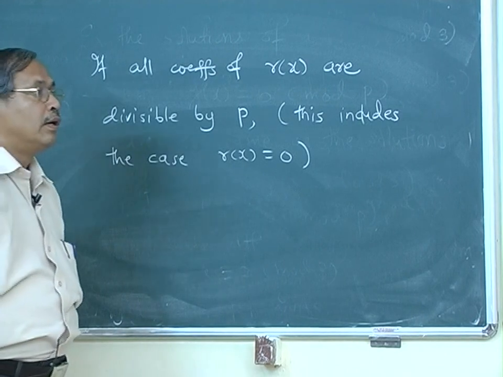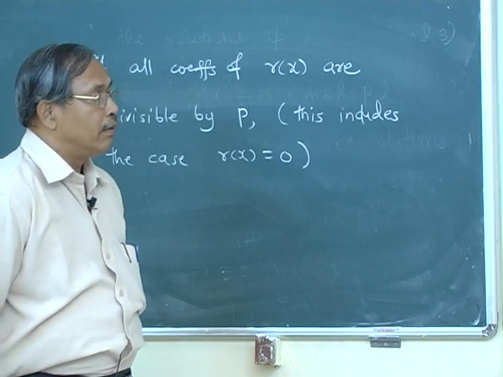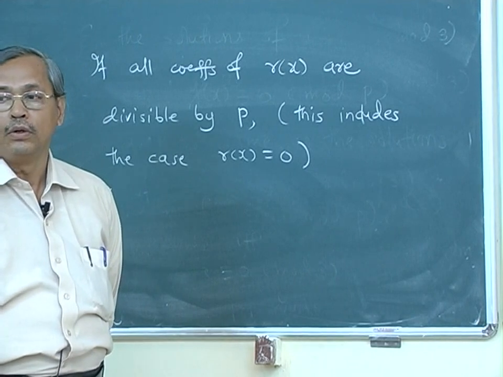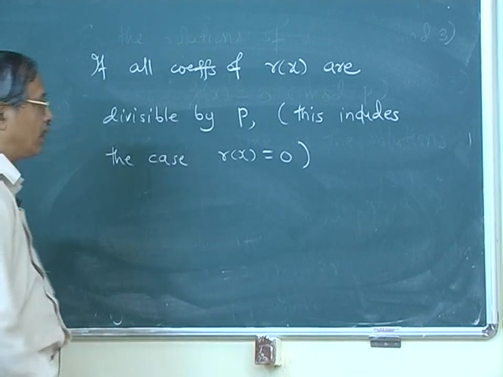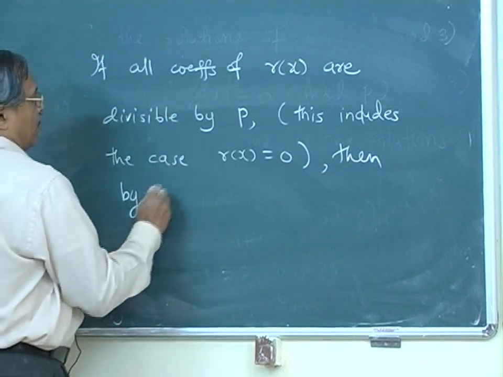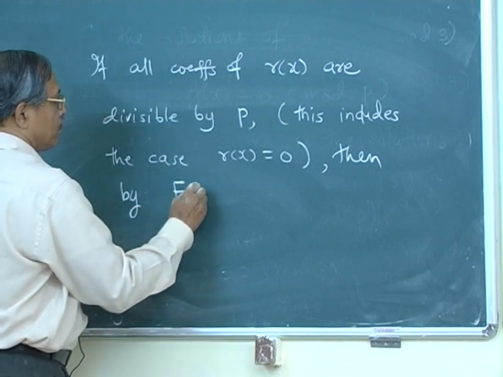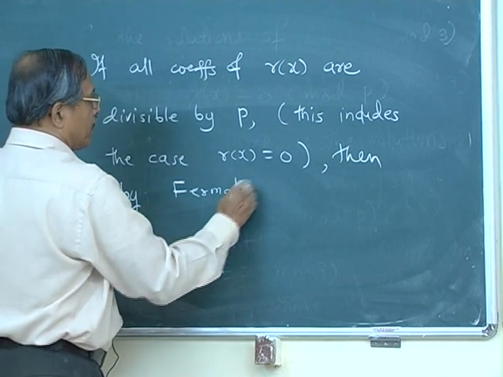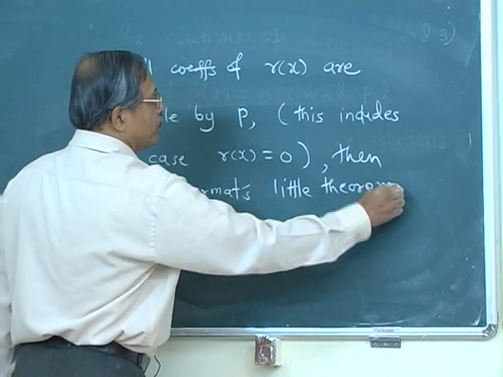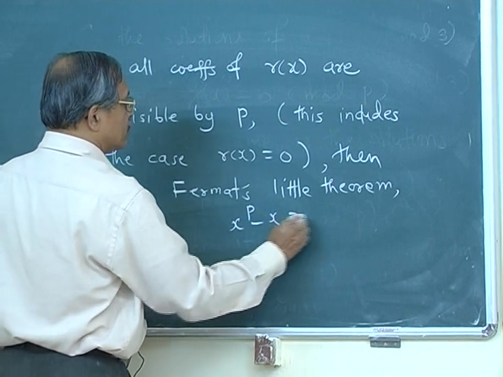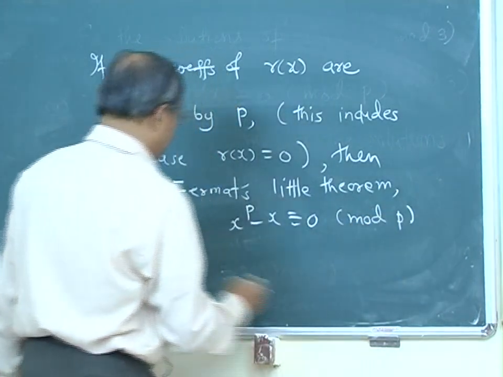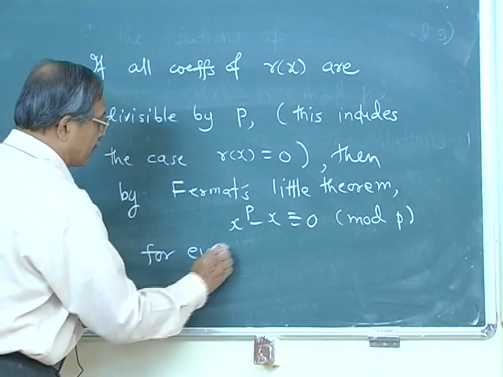Then note that by Fermat's little theorem, x raised to p minus x is congruent to 0 mod p for every integer x.